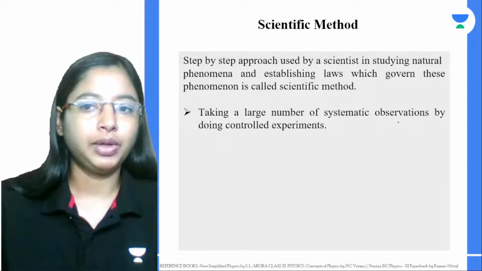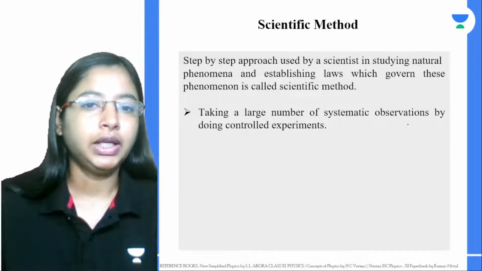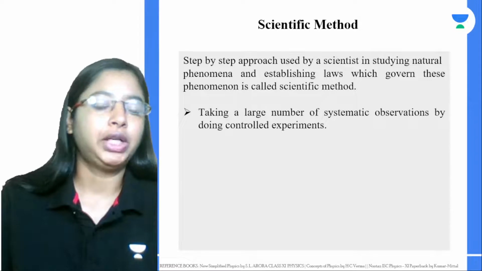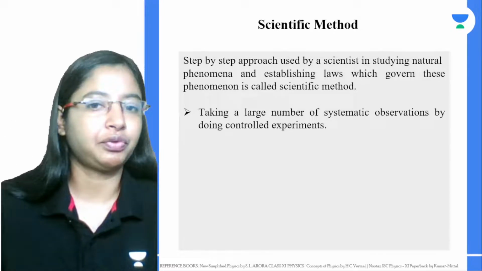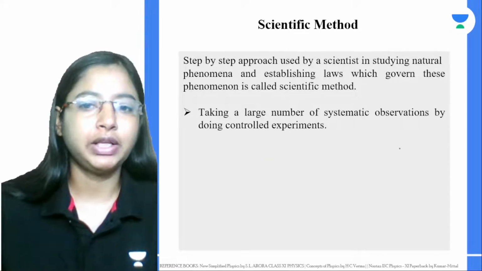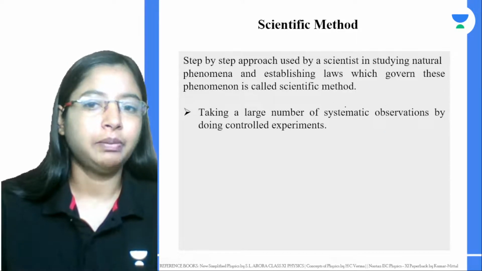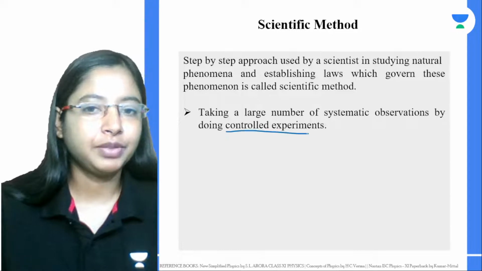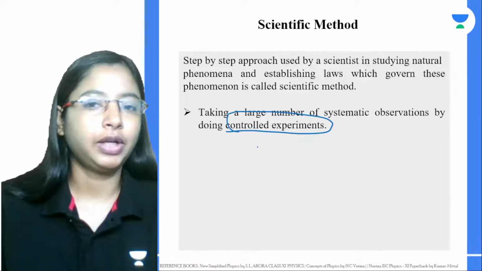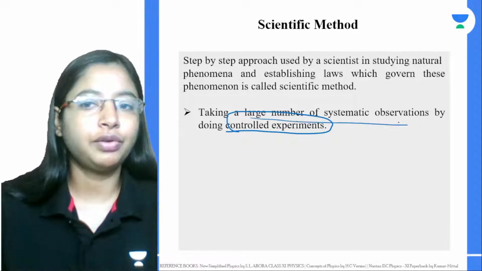For example, if you want to know why a day has 24 hours, you can do a very simple experiment, but you should have a control set of variables, and you should be able to do a large number of systematic observations.